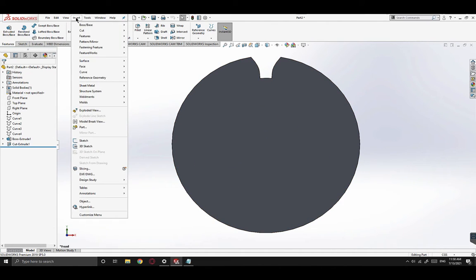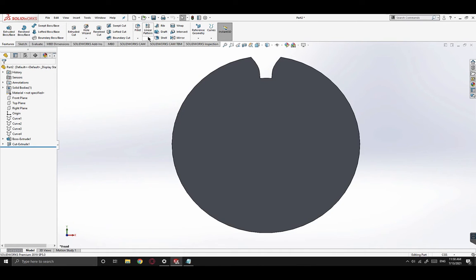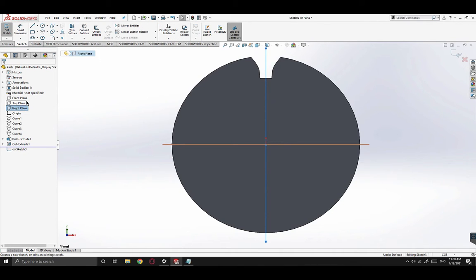Now we go to insert. Oh, I'm sorry, linear pattern. Go here. We have circular pattern. But before we do that, this is the right plane. Create a sketch.